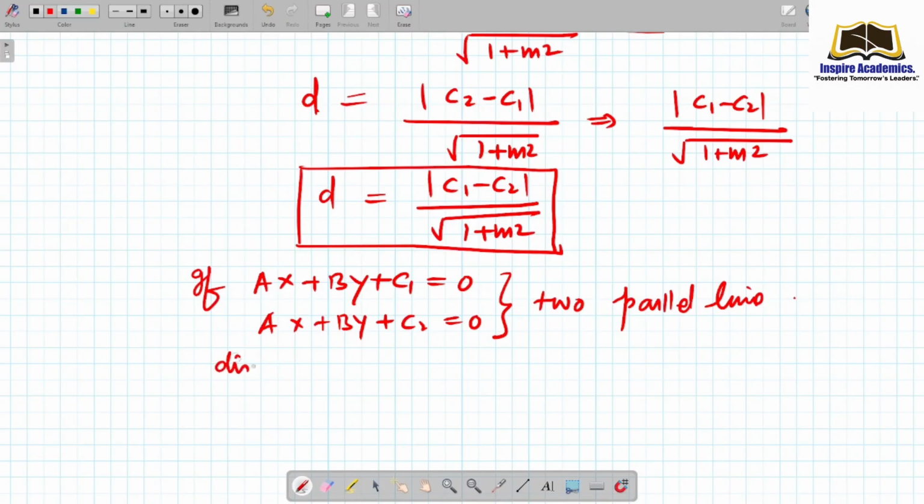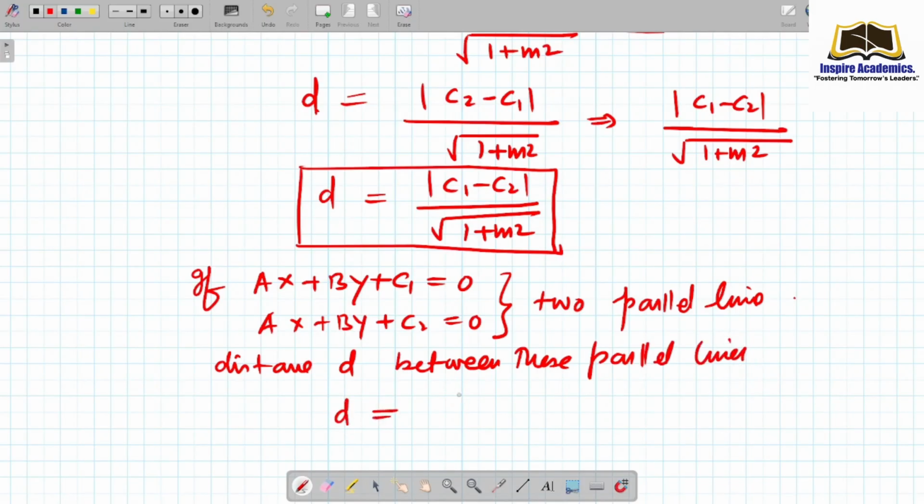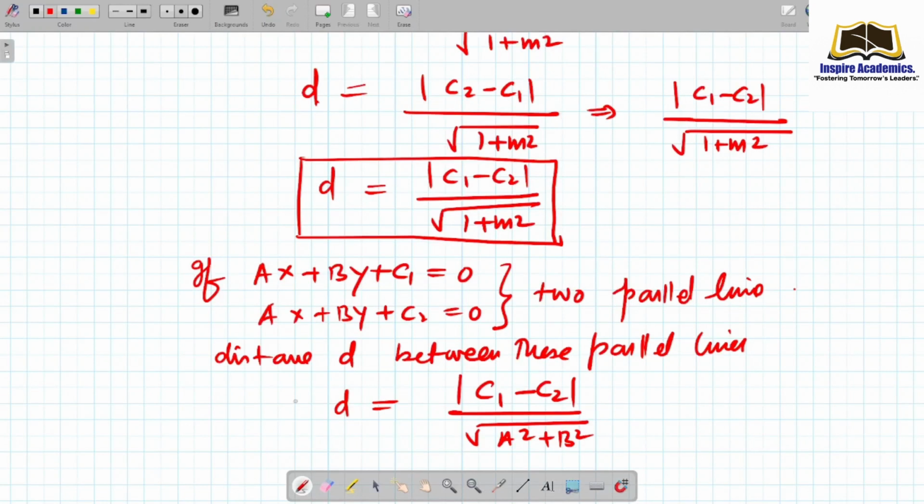So distance d between these parallel lines would be d equal to c1 minus c2 upon under root a square plus b square. Remember, this is a formula. Very helpful. If you do remember and make sure that you are backing up your work, you will never ever encounter a failure.